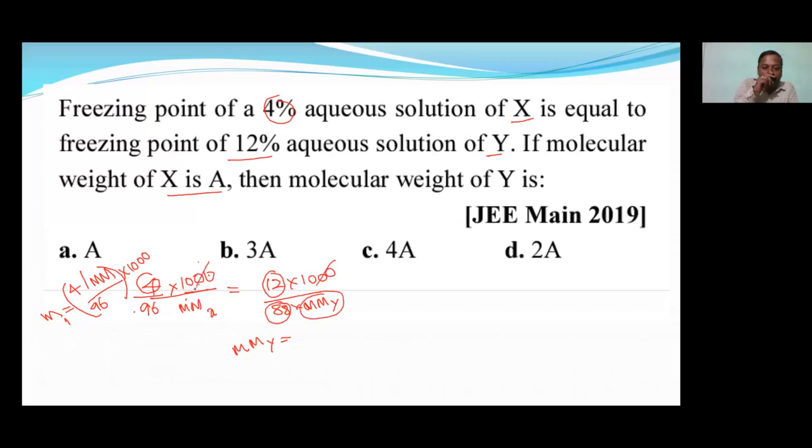Anyhow, these will get cancelled. So the molar mass of Y will be 12 by 88, then cross multiplied: 88 into 4 over 96. You will get something like 3.27, but the nearby option is 3. Note down this and let's do the next question.